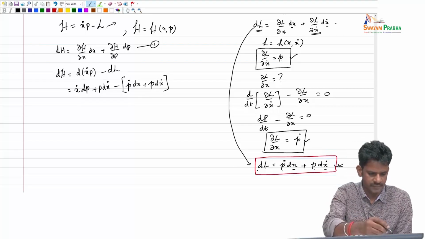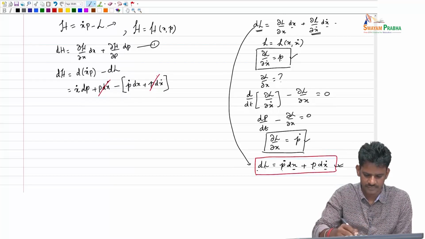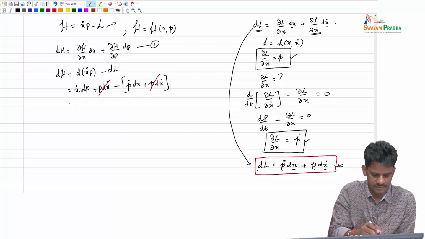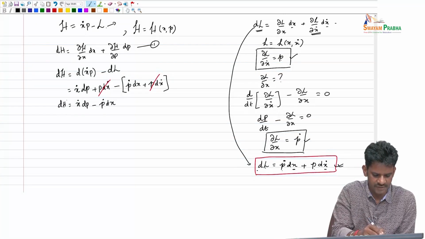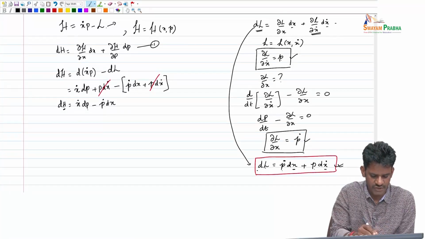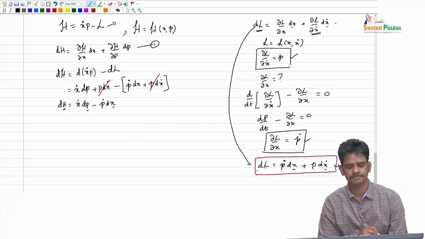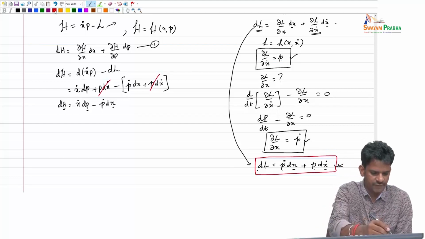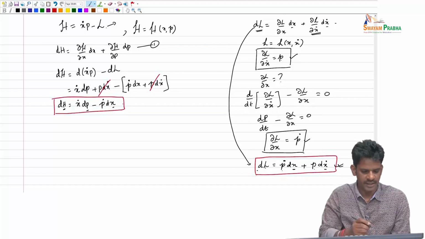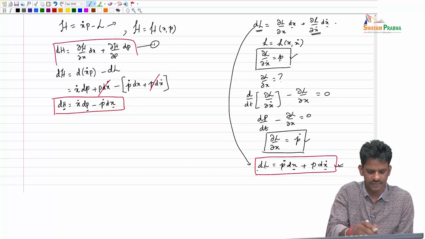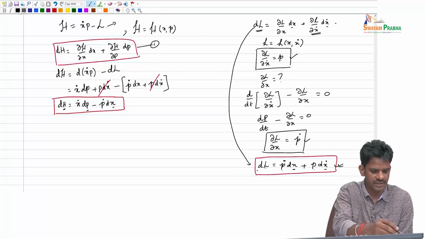So, you can see these two terms cancel, and then we are left with simply ẋ dp minus ṗ dx. This is the derivative of the Hamiltonian. So, you can see this derivative of the Hamiltonian can be changed by a differential amount of change in the momentum and the position x. So, the same way that we have derived for dL, we have an expression for dH also. And now we have another equation that tells about the derivative of dH as well.